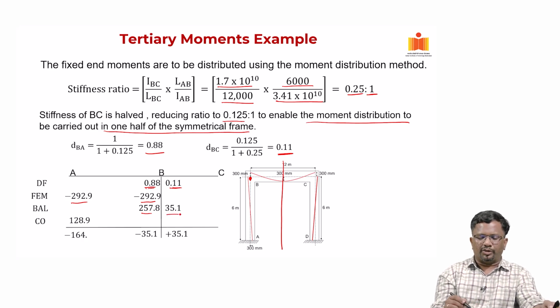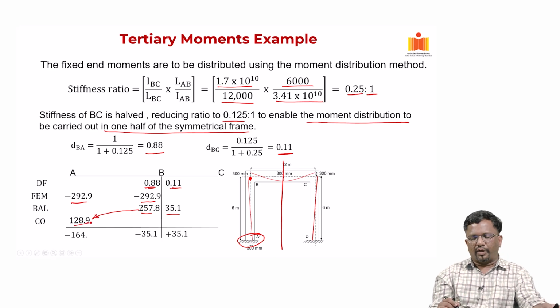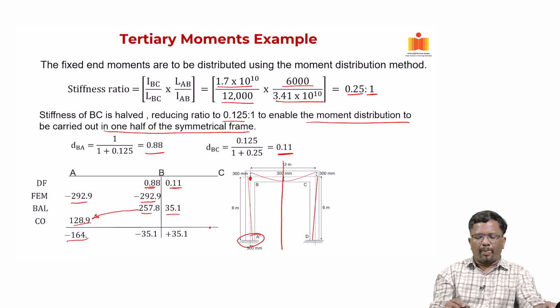So, that works out to be these numbers. Now that A is a fixed support, now I am carrying over half of this moment, which is this, which is this. So, it becomes 128.9. So, when you add all of them, you get minus 164 plus minus 35 and plus 35.